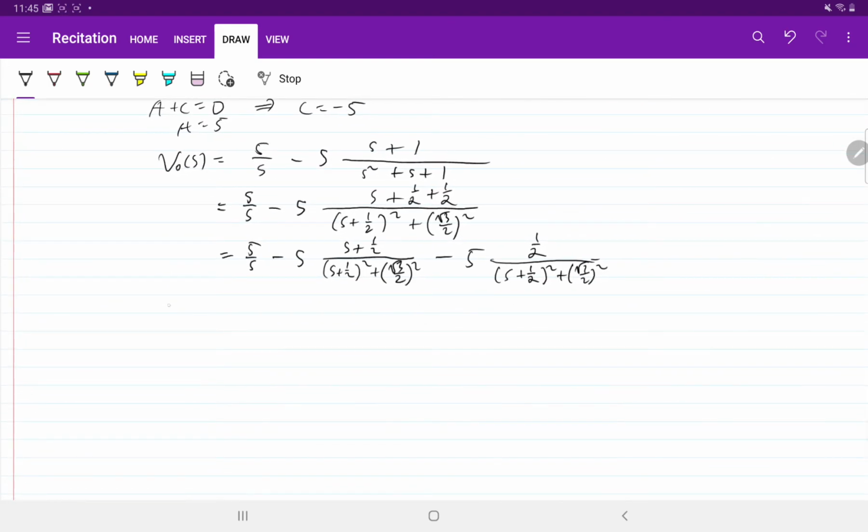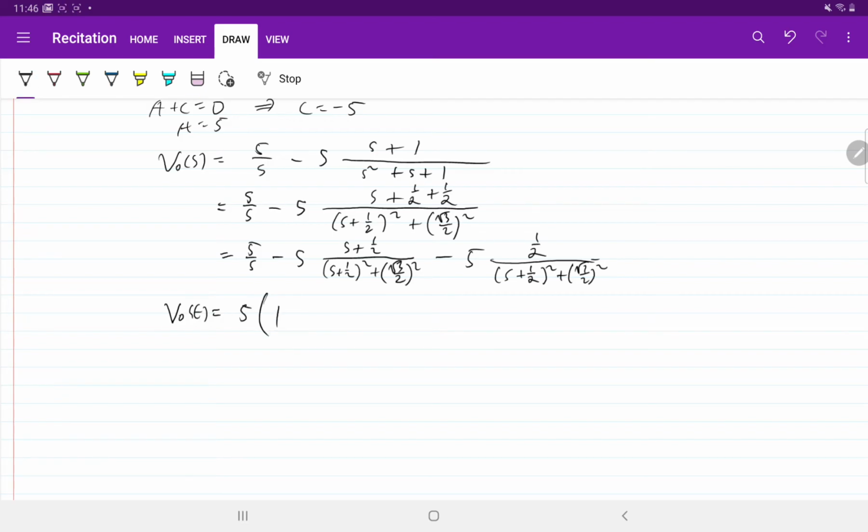Okay, so you can use the table directly to get V0 of t. 5 over S is 5, minus 5, so let's just write 5 in parentheses.